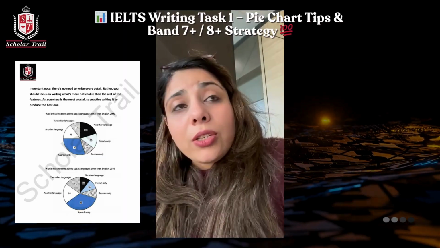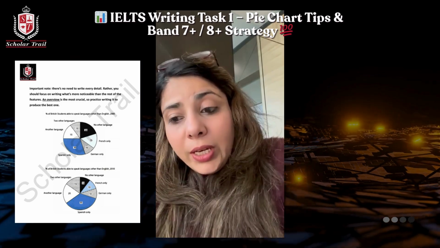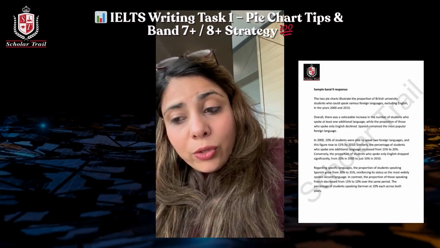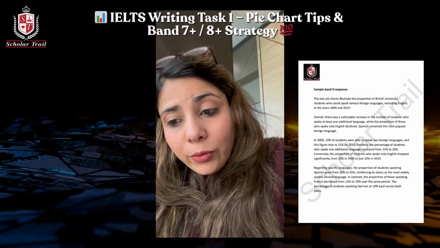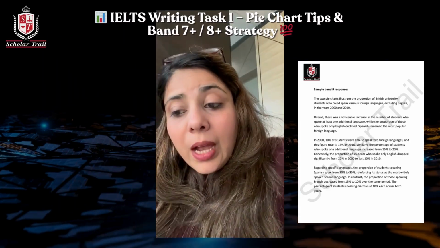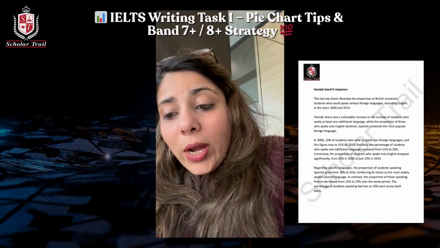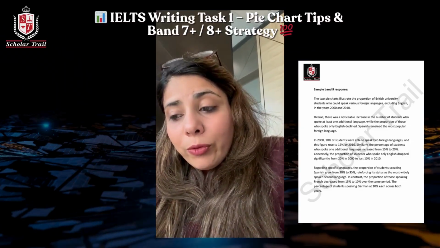All right, so now we're going to start with our details paragraphs. In year 2000, 10% of students were able to speak 2 foreign languages, and this figure rose to 15% by 2010. Similarly, the percentage of students who spoke 1 additional language increased from 15 to 20%.